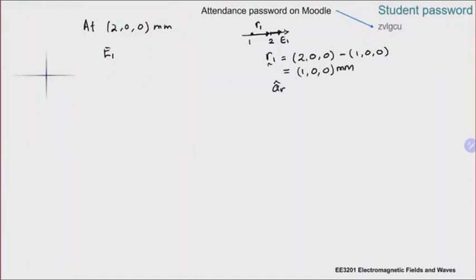And the unit vector is simply 1, 0, 0. The electric field E1 will be Q1 over 4 pi epsilon naught R1 squared times the unit vector R1.